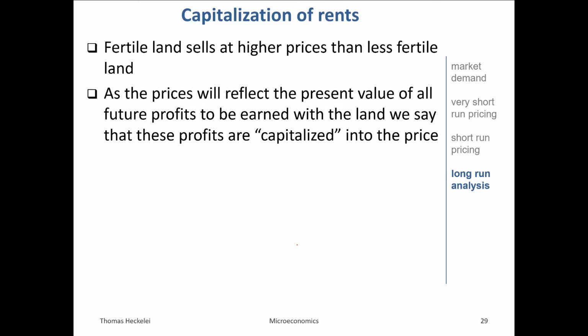When you buy land for farming, that's one capital investment. It doesn't matter what is included there; at the end, it's just an amount of capital investment. So the future profits included in that capital investment are called capitalized.